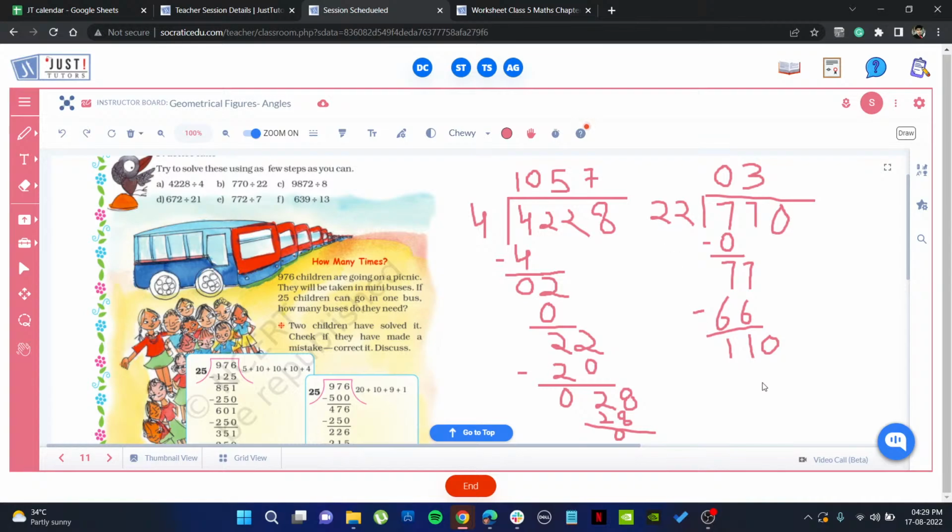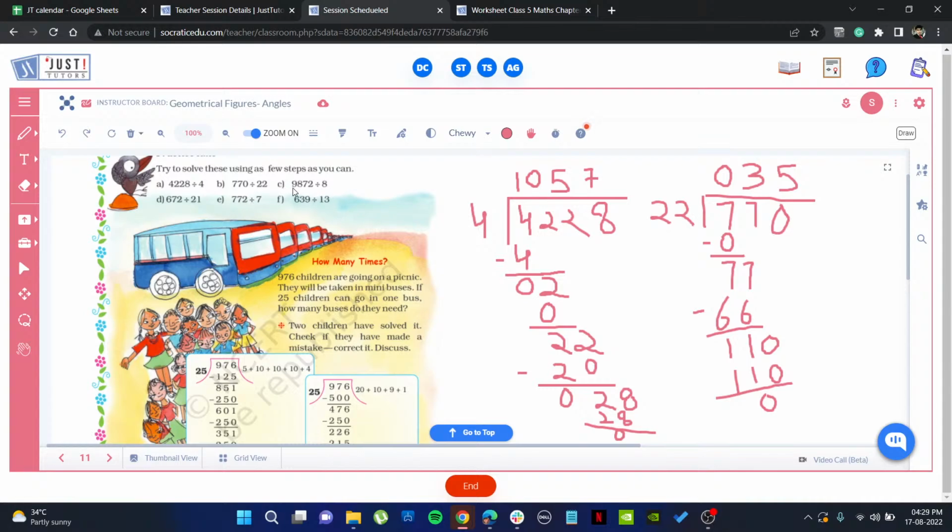It is 5. 22 times 5 gives us 110. So 110 takes away 110 gives us 0, and our final answer for this question is 35. So 35 is the answer for question B.